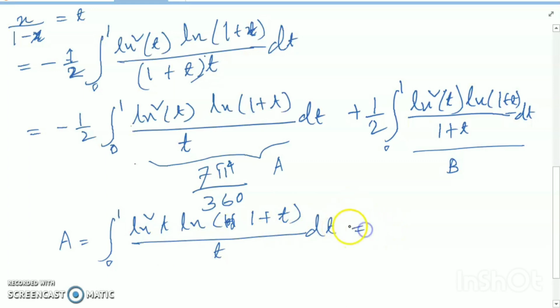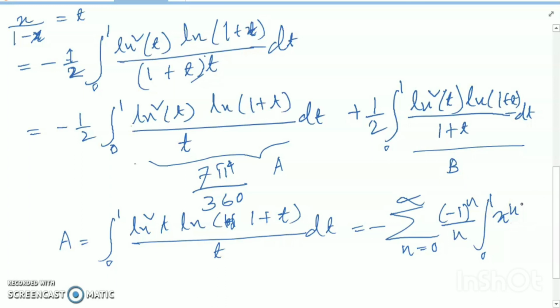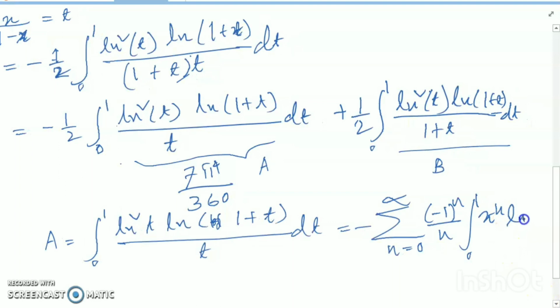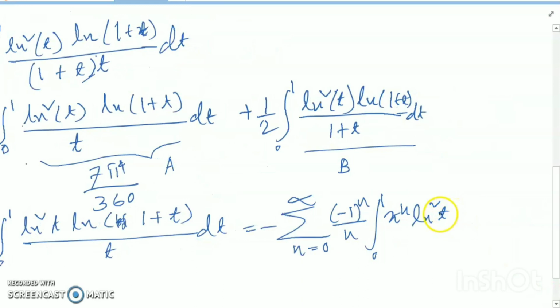How can I write this value? I can write it this way: minus summation n equals 0 to infinity, and we know using the formula, minus 1 to the power n, the integral from 0 to 1 of x to the power n ln square x dx. Okay, no problem. So x to the power n ln square x, how can I write this? This value is equal to minus 2.